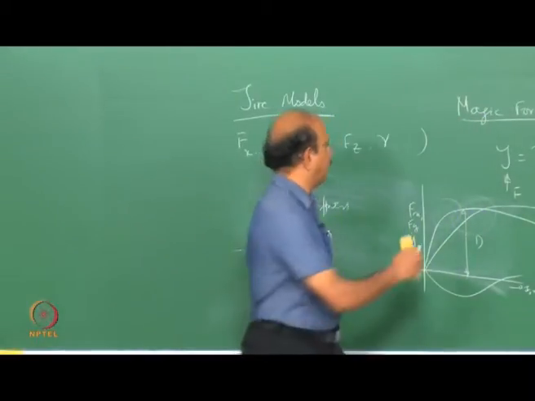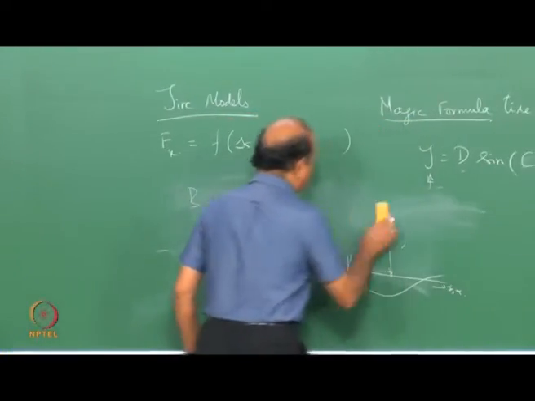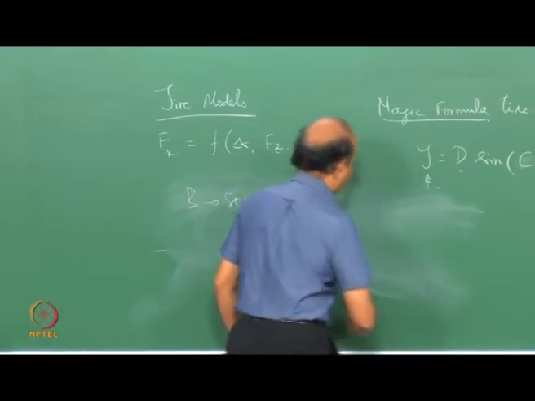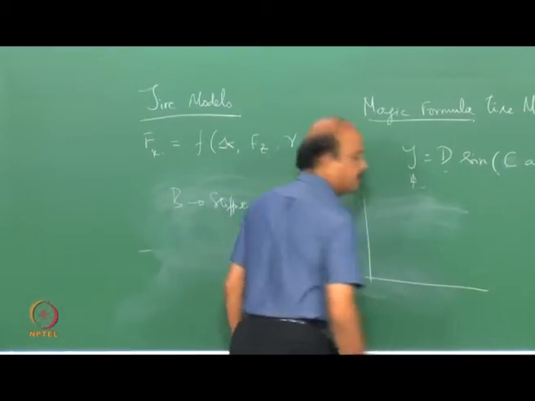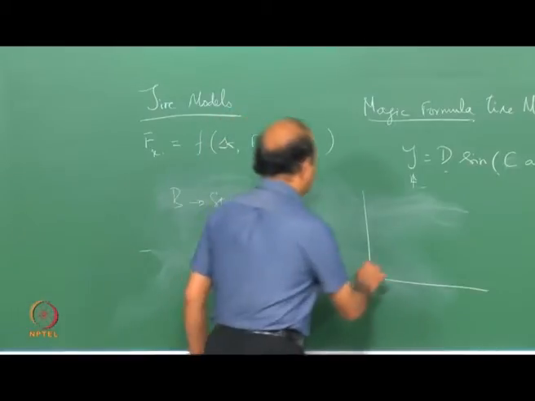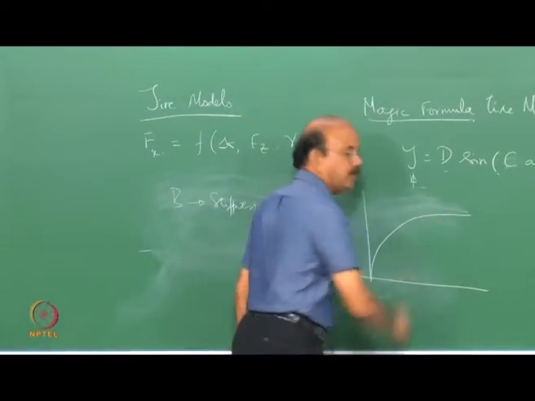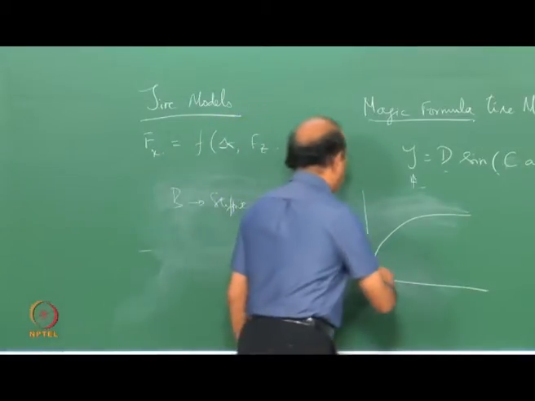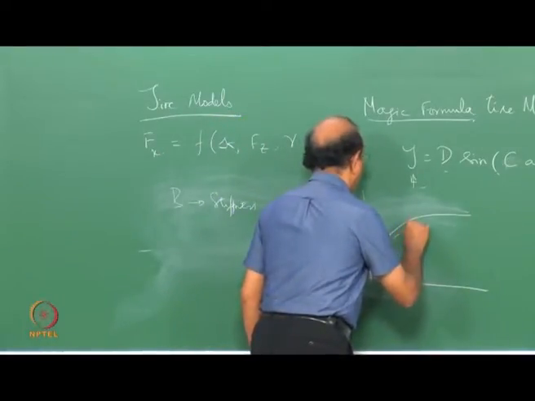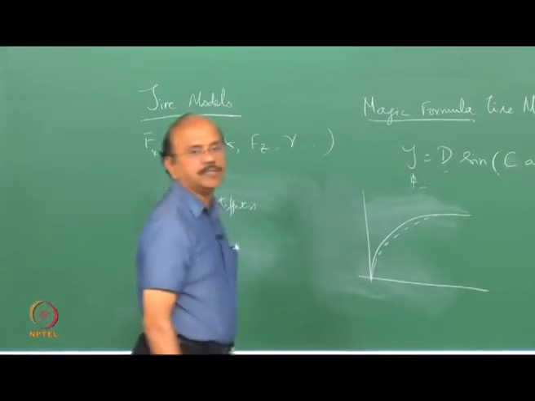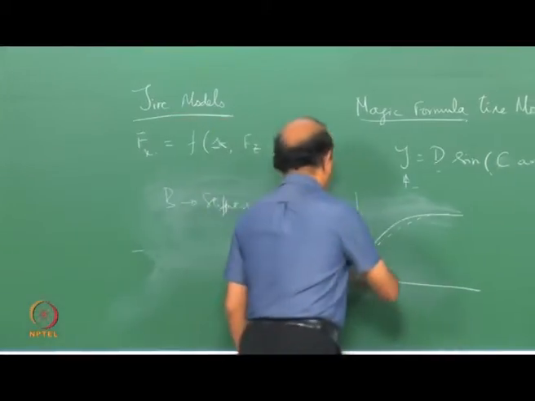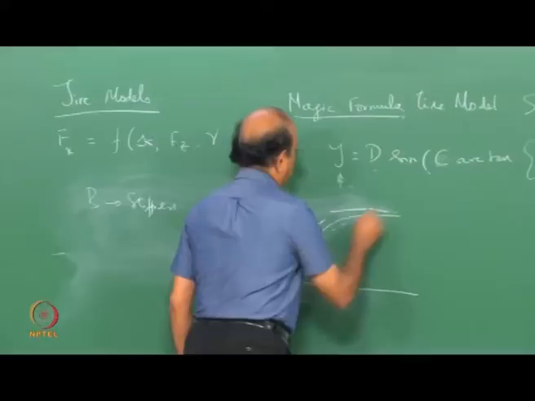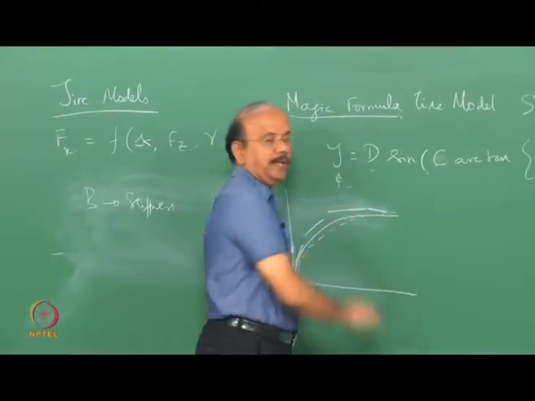Because if I now vary the value of E, suppose this is the curve for E equal to 0, then depending upon whether E is between 0 and 1 or negative, the curvature would vary.